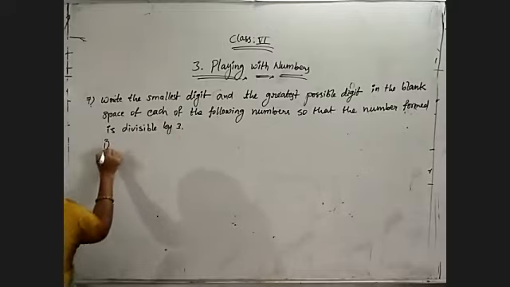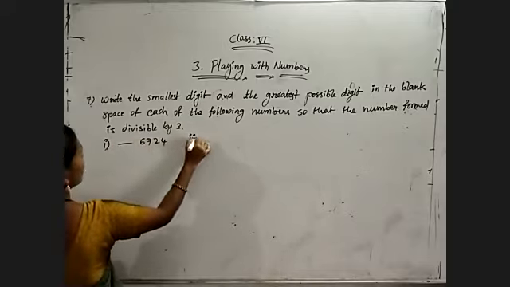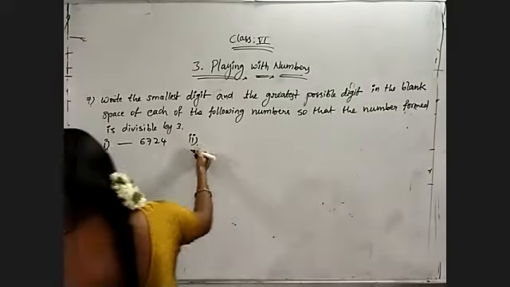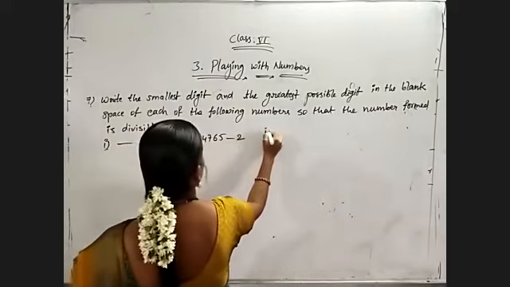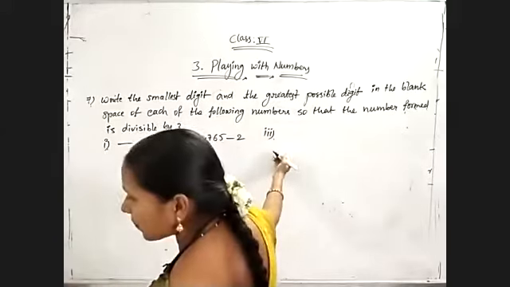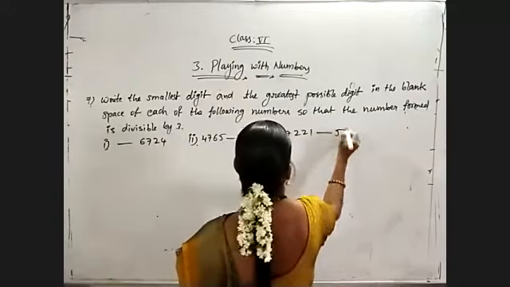Means they asked 6, 7, 2, 4 dash. And second question is 4, 7, 6, 5 dash 2. And third question is 7, 2, 2, 1 dash 5.